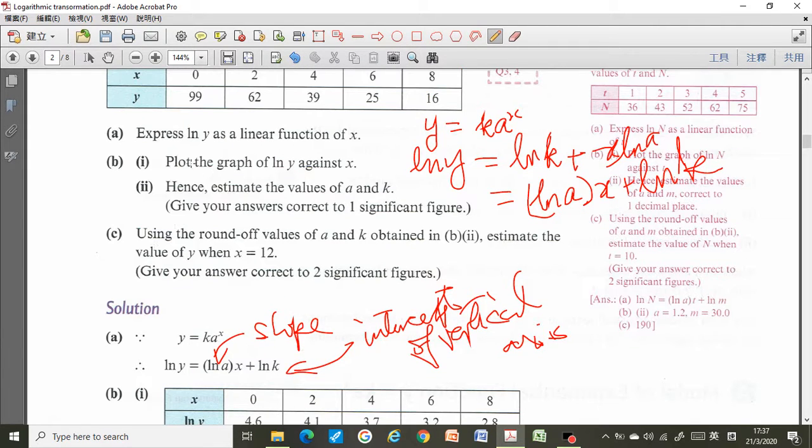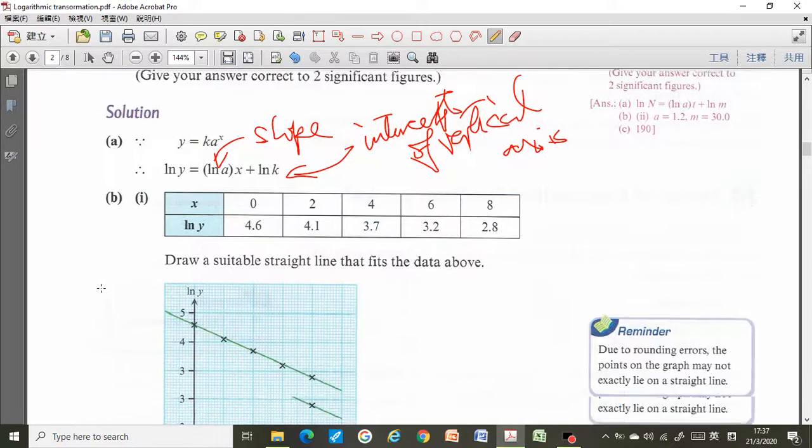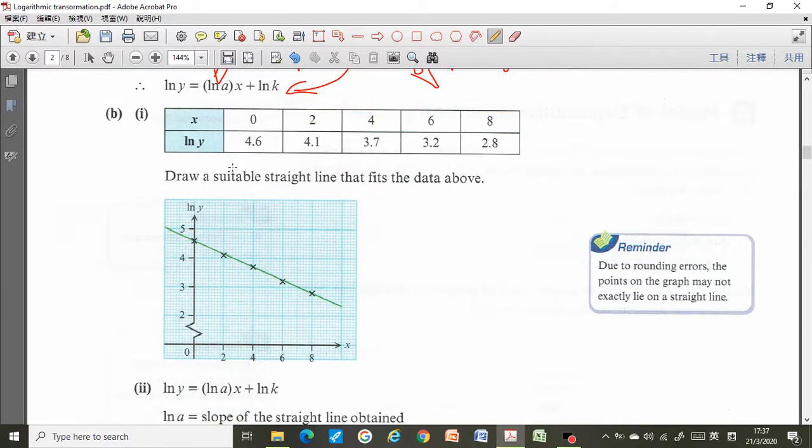So according to the value 99 of y, taking logarithm is 4.6, and 622 taking logarithm is 4.1, and so on. Why do we take one decimal place? It is because you are provided with a graph paper. Because log y represents the vertical axis, you will want to find the accuracy.